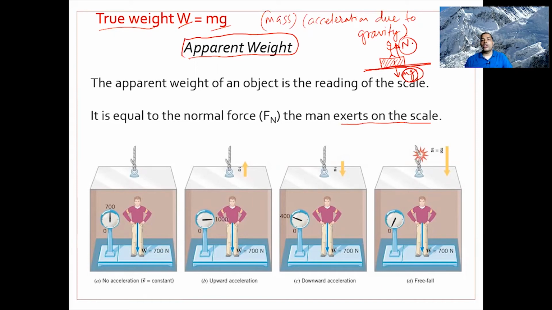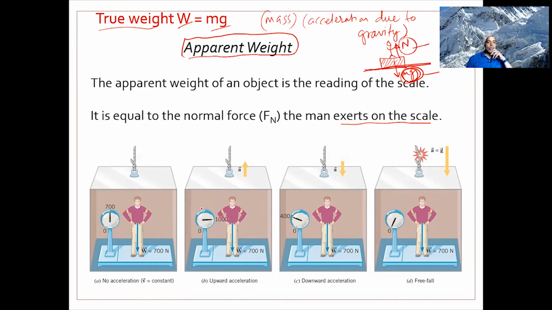So in this case, your apparent weight is equal to true weight, but they are in opposite direction, remember. But it doesn't matter, right? Because your weight is weight. Okay, so normal force is equal to the weight. That's why your apparent weight happens to be equal to true weight.